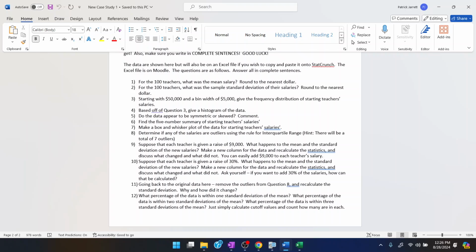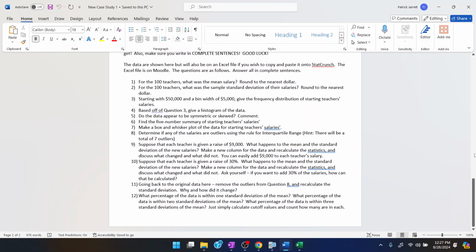No way. For instance, let's say you give each teacher a raise of $9,000. The help sheet, or that video, will tell you what to do. You'll calculate the mean and standard deviation.